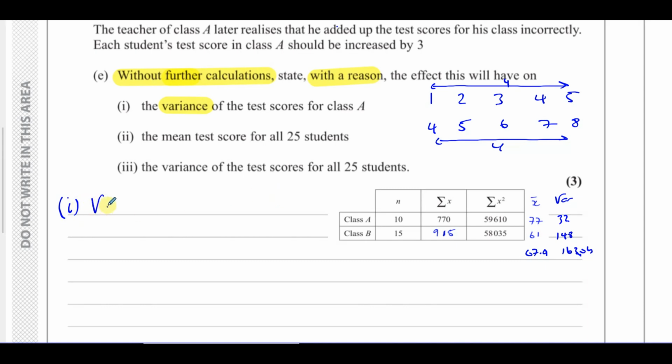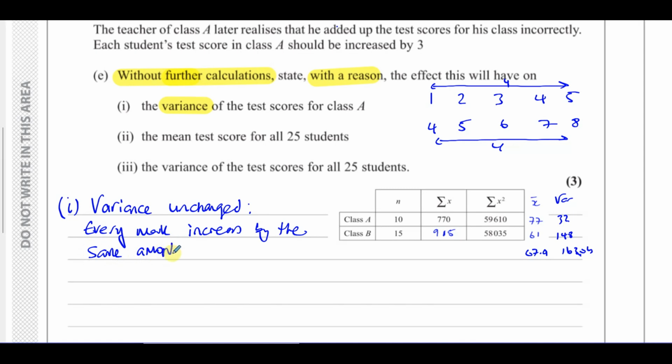So I'm going to say variance is unchanged. Why? Because every mark increases by the same amount. Let me spell it properly. Excuse my bad writing.